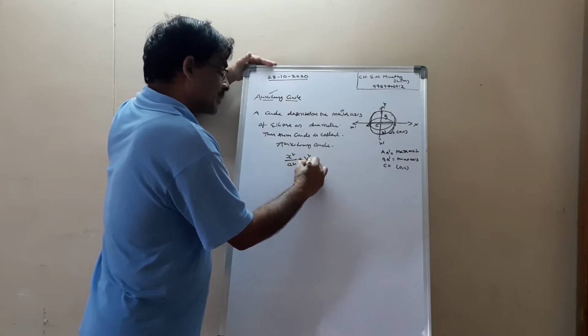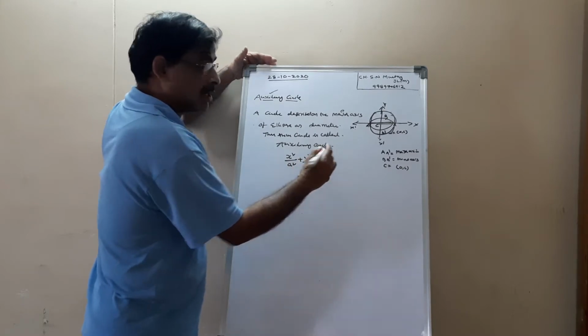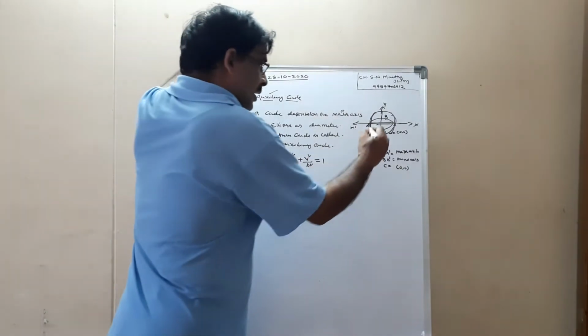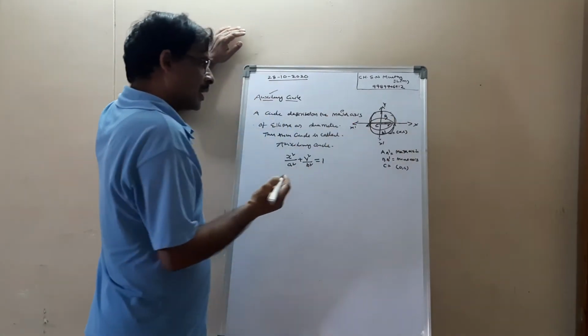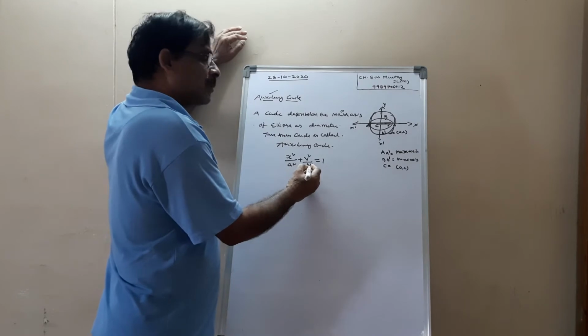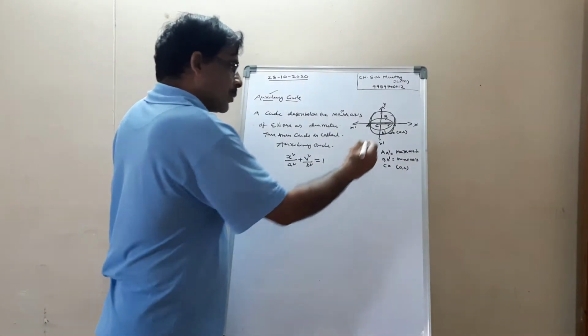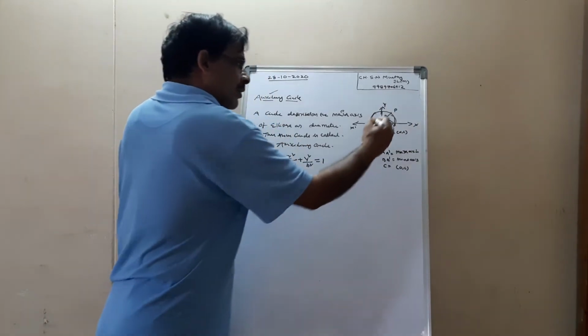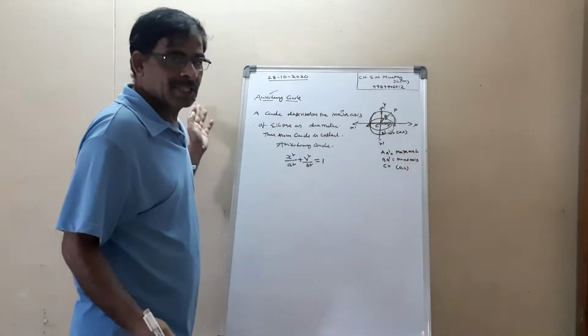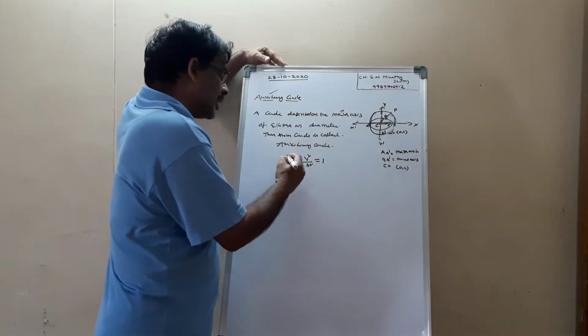Now, what is the equation of our ellipse? X square by A square plus Y square by B square equal to 1. Here, this part is a radius. Okay, here B square becomes A square. Suppose we take any point P on the circle. CP is the radius. Suppose CP equals A. What happened here?